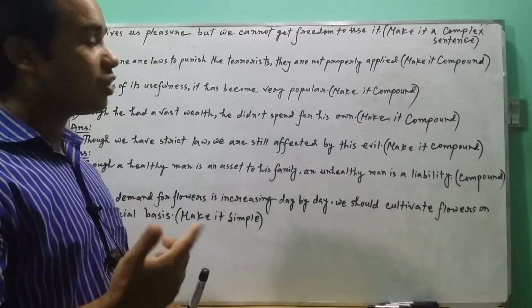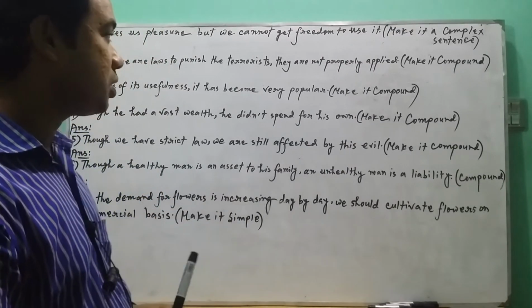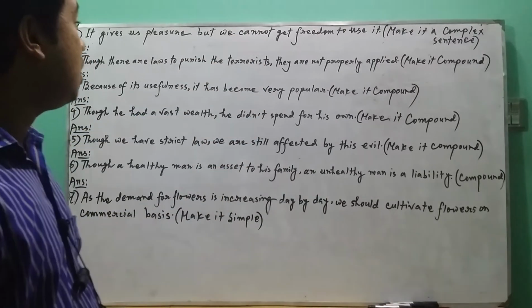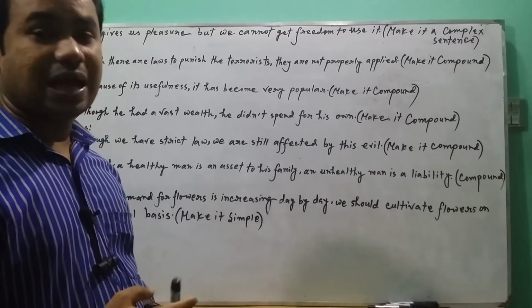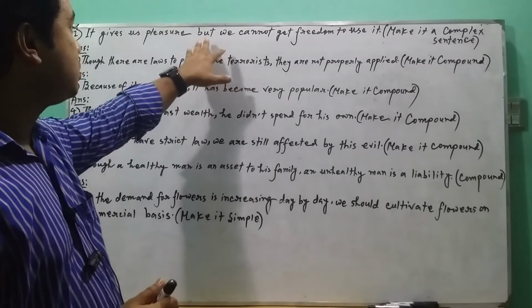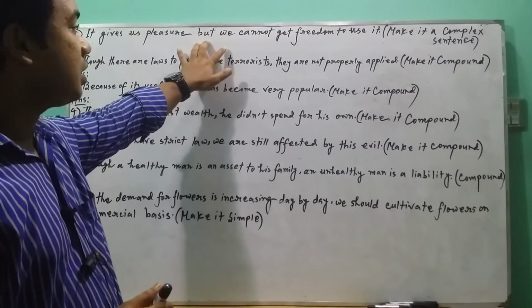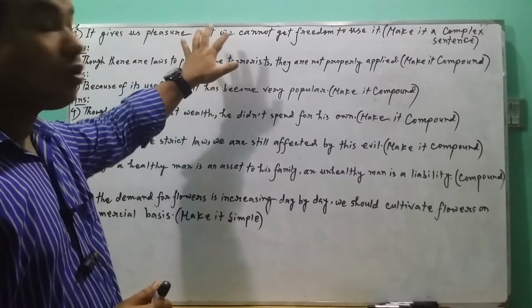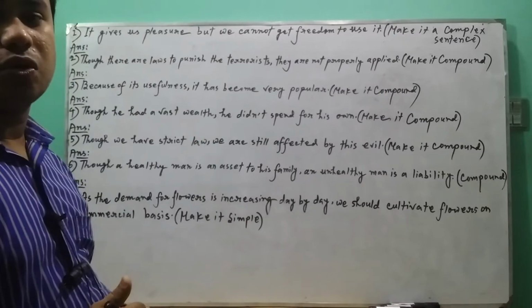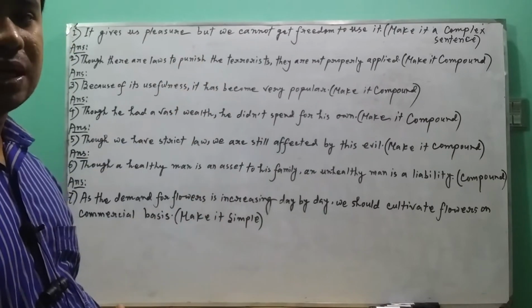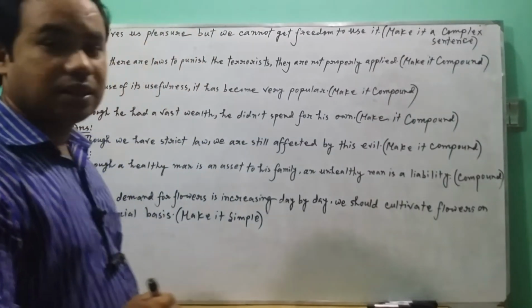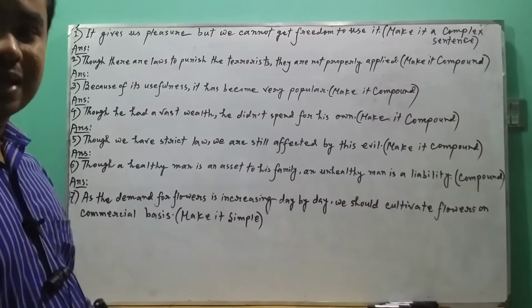So the rest of the sentences are simple and compound. What type of sentence is it according to structure? As we find the coordinating conjunction but in the sentence, and it connects two independent clauses, this is a compound sentence, and we have to make it a complex one.